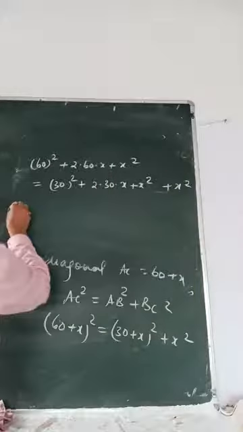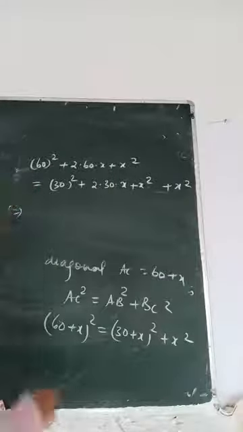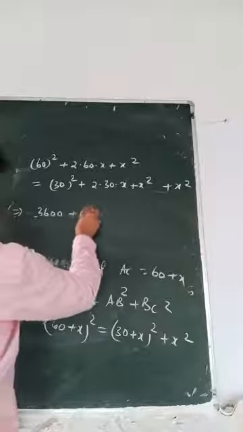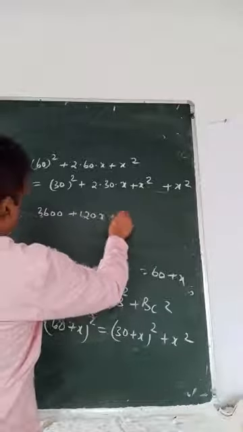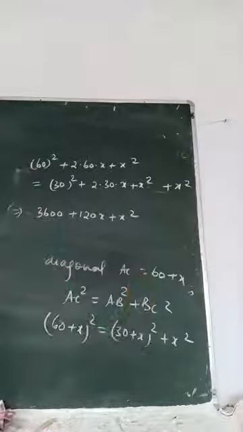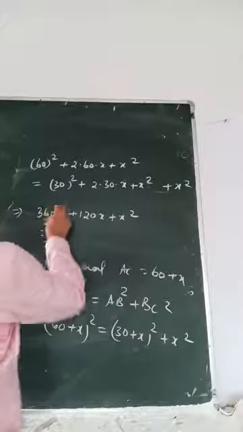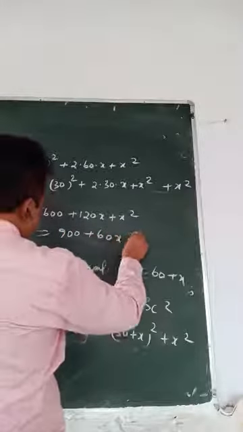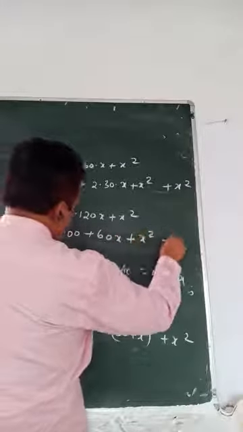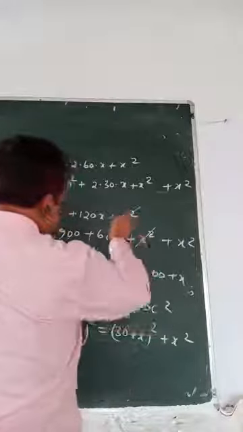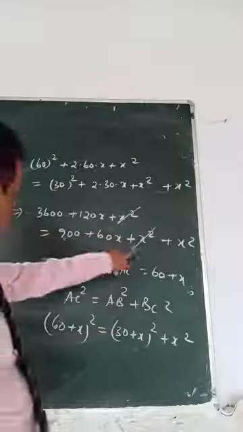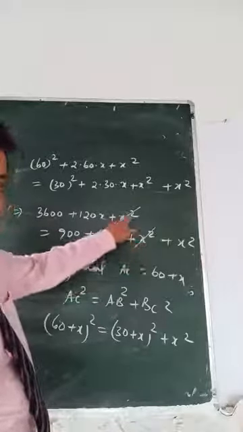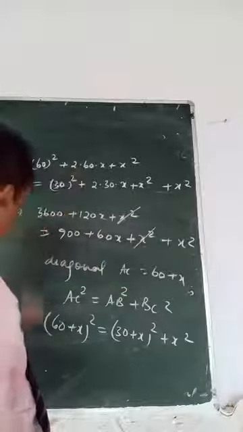So 60 square is 3600 plus 120x plus x square equals 900 plus 60x plus x square plus x square. So I can cancel one x square from both sides, because same number, same sign, you can cancel.